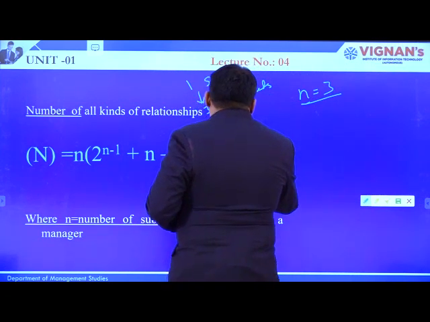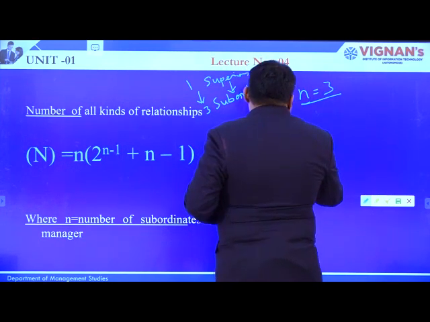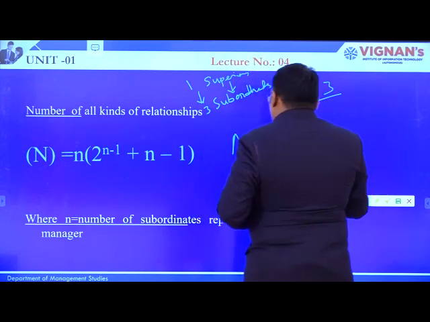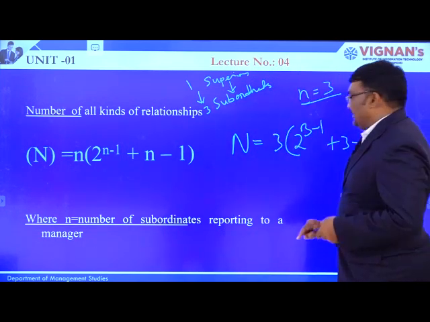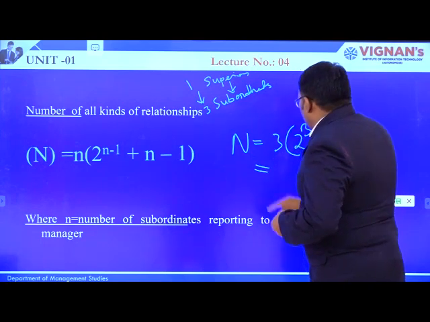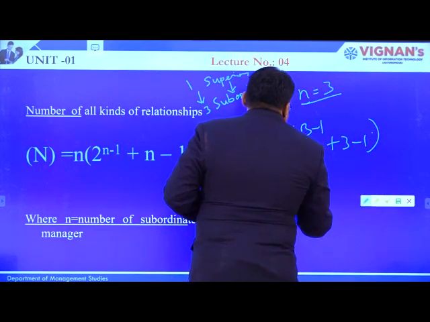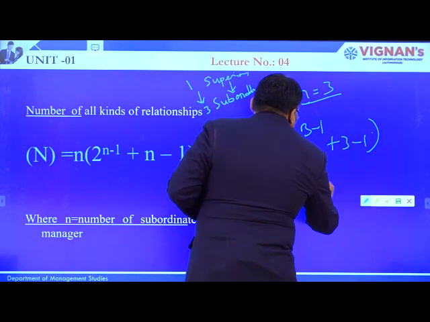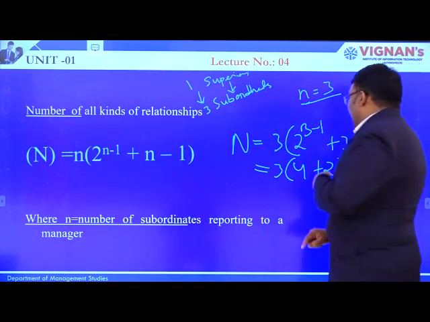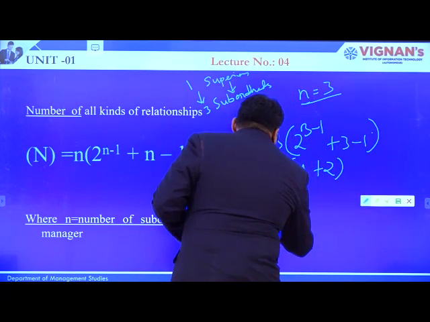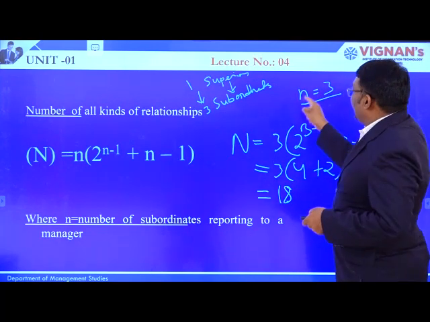The equation is N equal to n into (2 to the power n minus 1, plus n minus 1), so 3 into (2 to the power 3 minus 1 plus 3 minus 1). Now we calculate how much it is. 2 to the power 3 minus 1 is 4, plus 3 minus 1 is 2, so it is 6. So 3 into 6 is equal to 18 relationships in the case of n being 3.